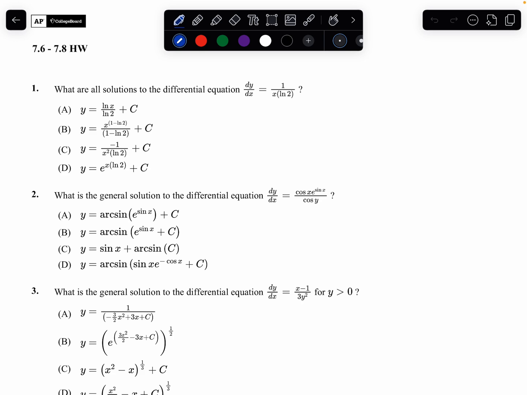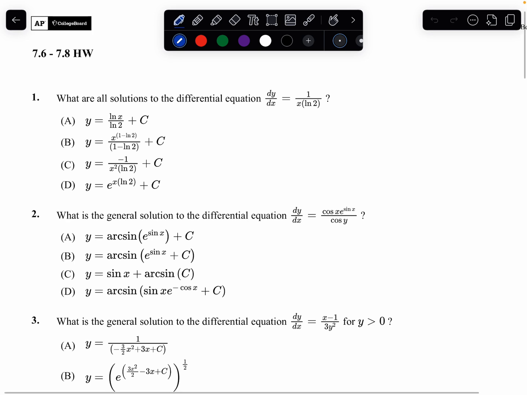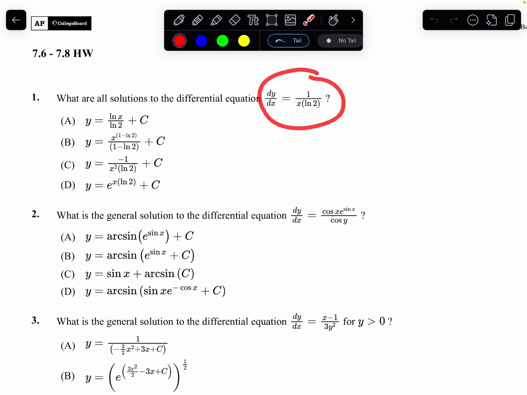Many of these equations are going to be separable, meaning that you want to separate the variables x and y. So that's what I'm going to try here, separating the x and the y's. I actually don't need any separating here except for the dx.